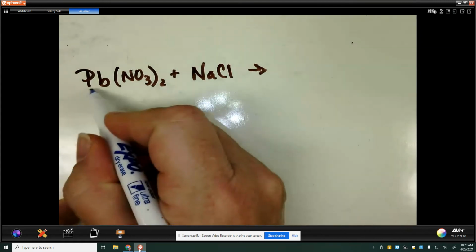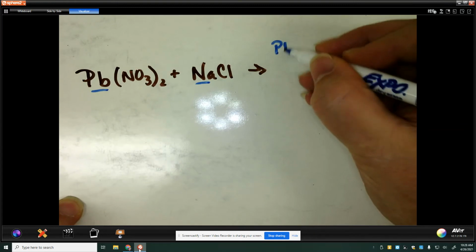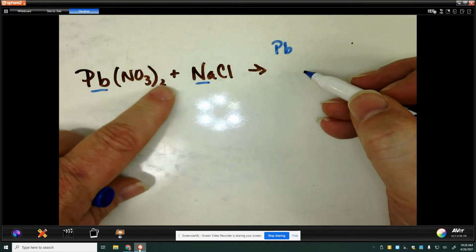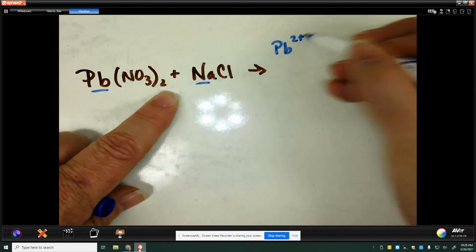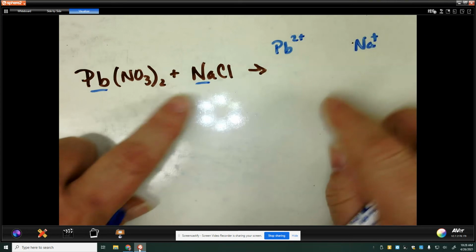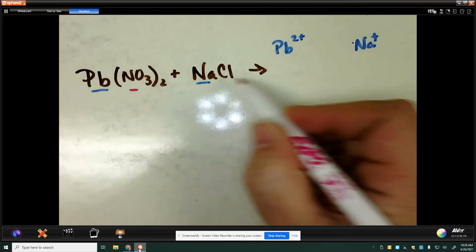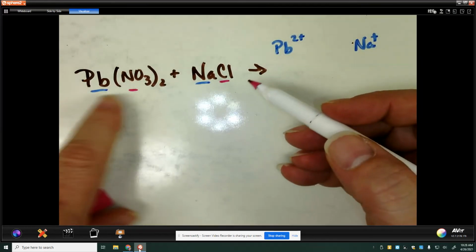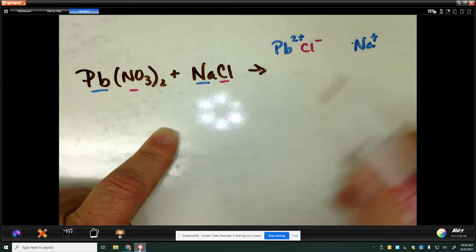So our strategy for this is we're going to take our first things, lead, and in this case, this is lead 2 because that's where that 2 came from, and sodium. Now, these don't want to bond together. They're just our first things. And then we're going to switch their anions, so what they're bonded to. So lead is no longer going to be bonded to nitrate. It's going to bond to chlorine.